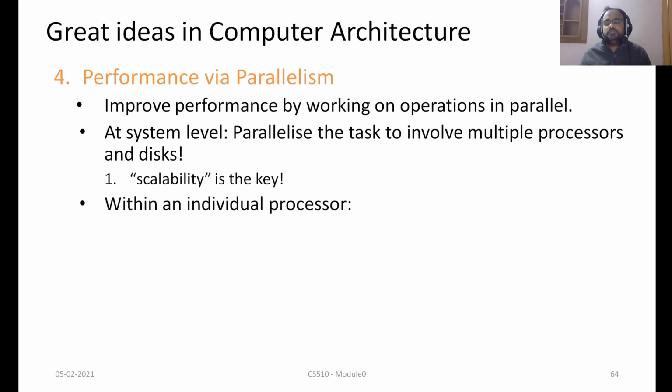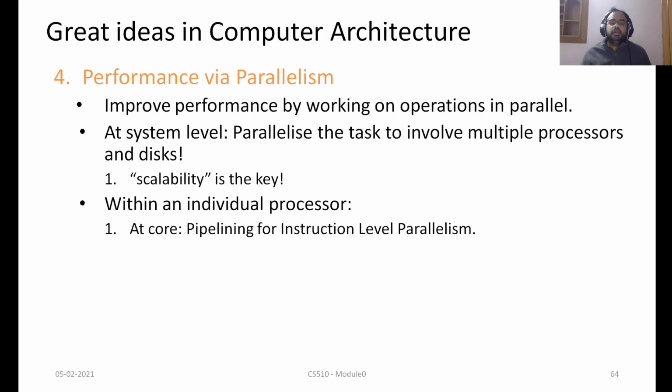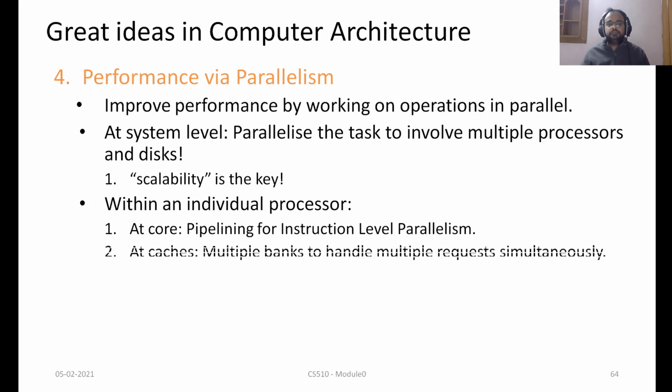Within an individual processor, at the core we have pipelining for handling instruction level parallelism. If you're not able to completely get it at this moment, it's okay. We are going to discuss in detail about instruction level parallelism in module 2.